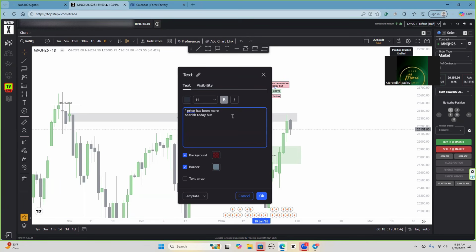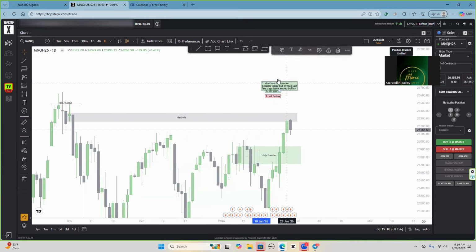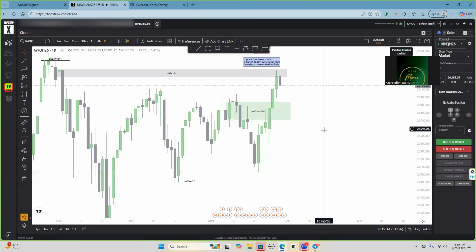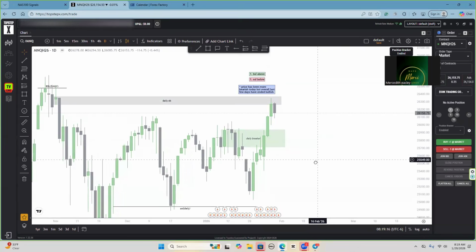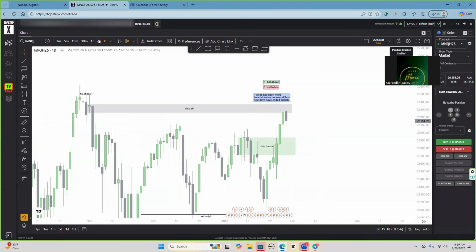But overall, last few days have ended bullish. All right, because every day before that literally ended in a bullish market. All right. So I'm going to scale down to see what else I see.